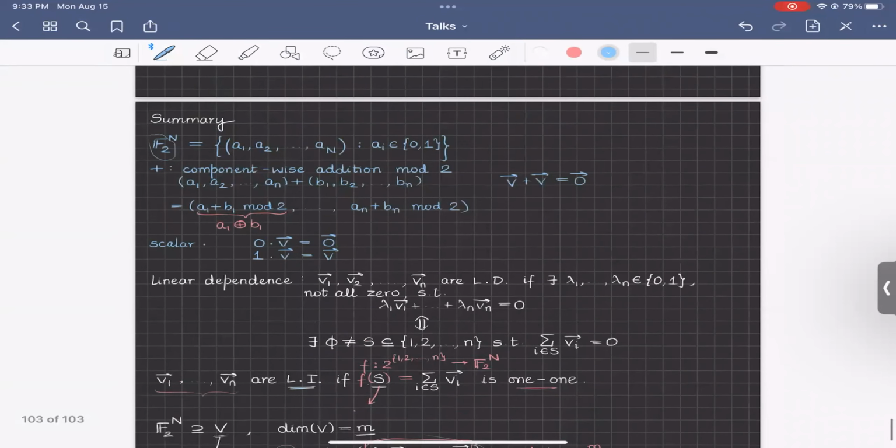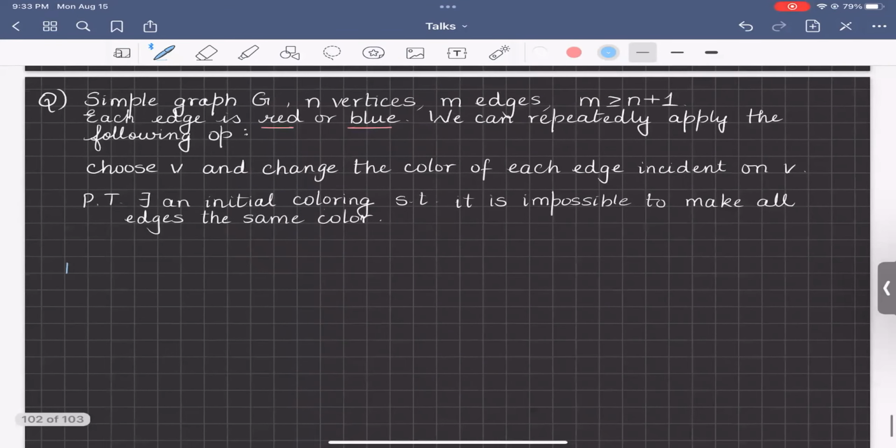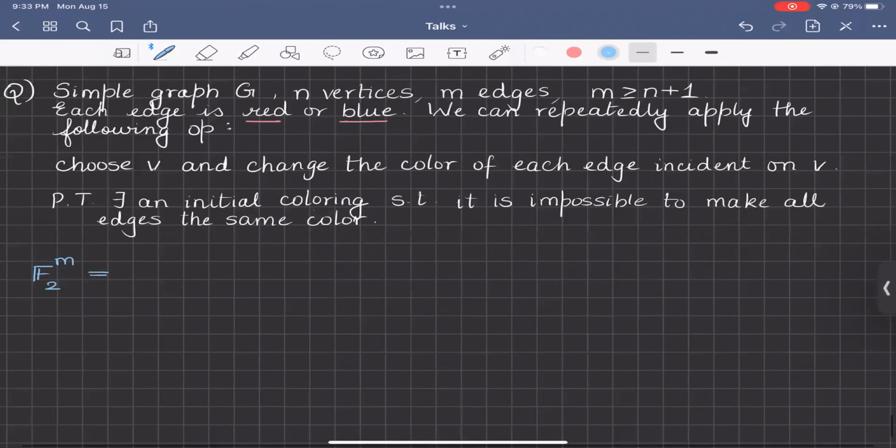So the idea is to consider F2^M. What does this contain? It contains these sort of tuples where each a_i is 0 or 1.